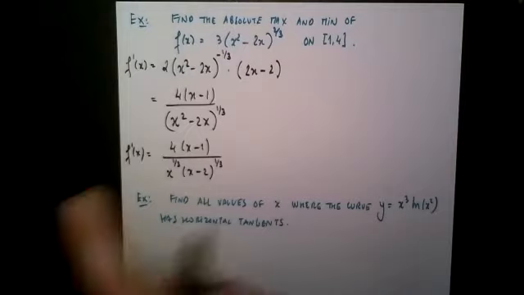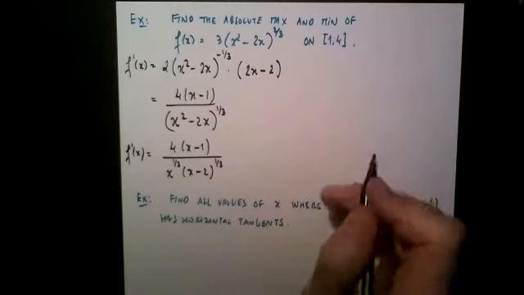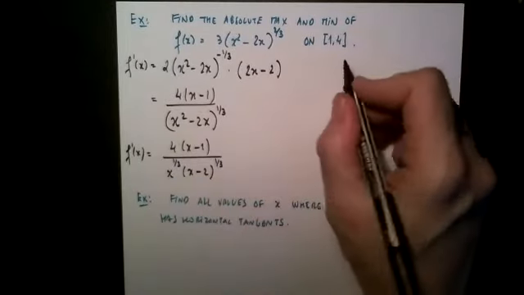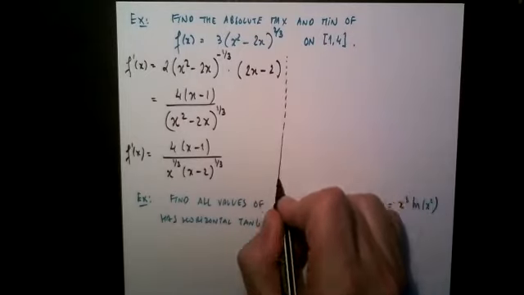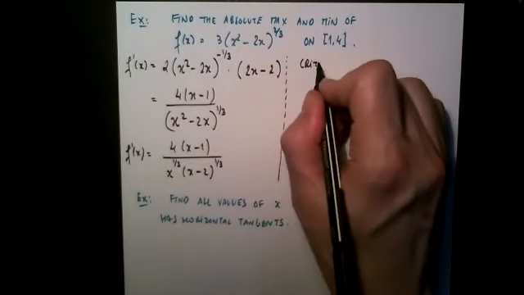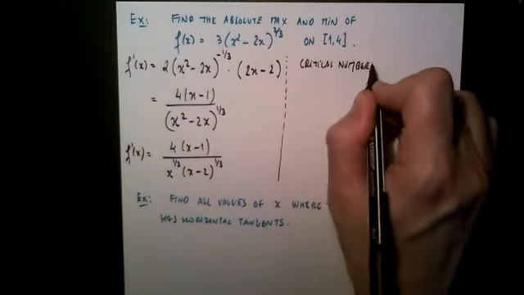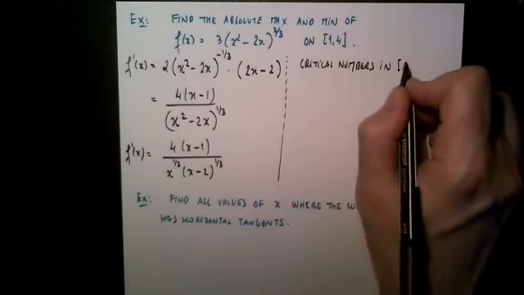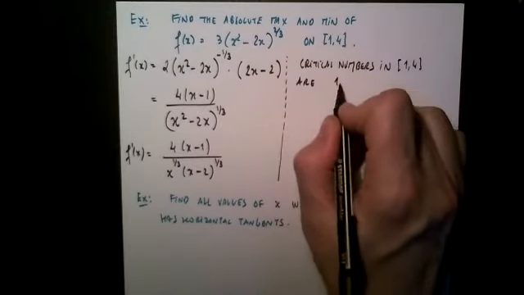Oh, you're right. Perfect. So 1 and 2, you're right. I forgot that 0 wasn't in the interval. Perfect. So the critical numbers in the interval [1, 4] are just 1 and 2.